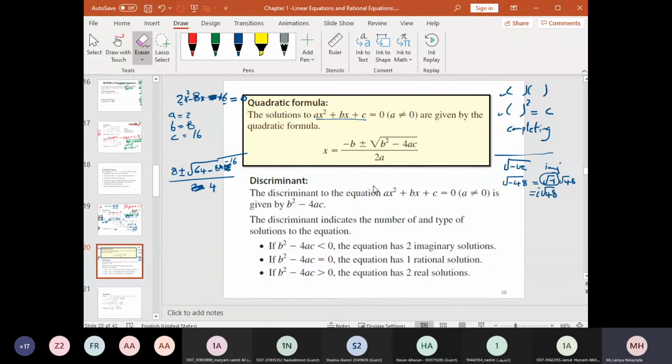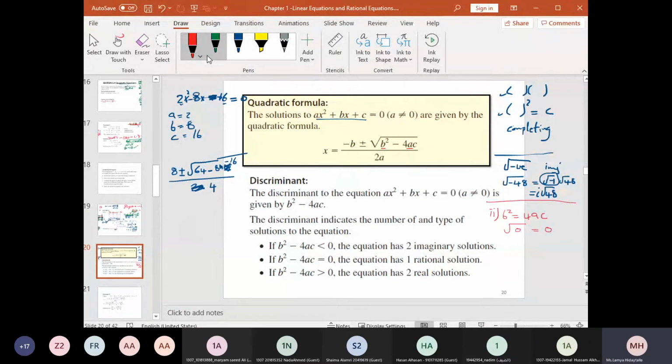The other thing that may happen is that this under the square root comes out as zero. When can it be zero? The second case, if b square equals 4ac, then this minus this will equal zero, right? So the quantity under the square root equals zero. The square root of zero is zero, correct?